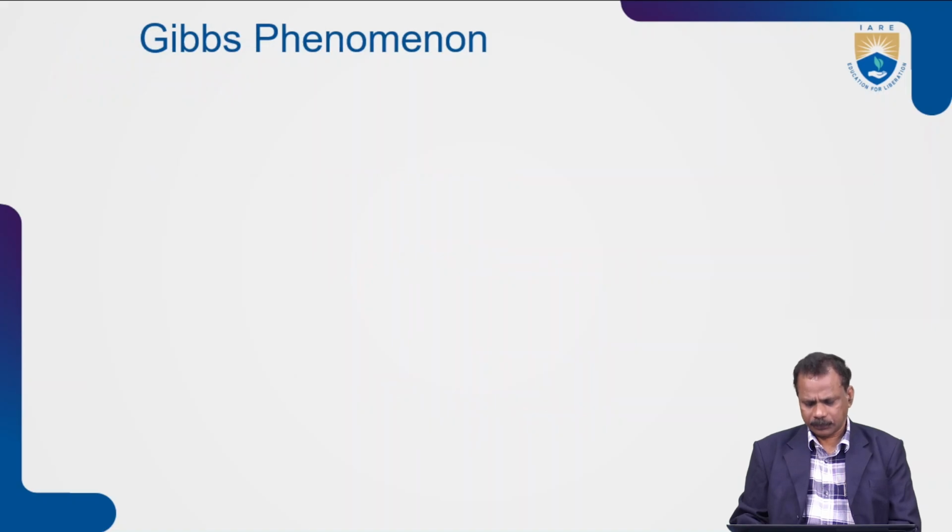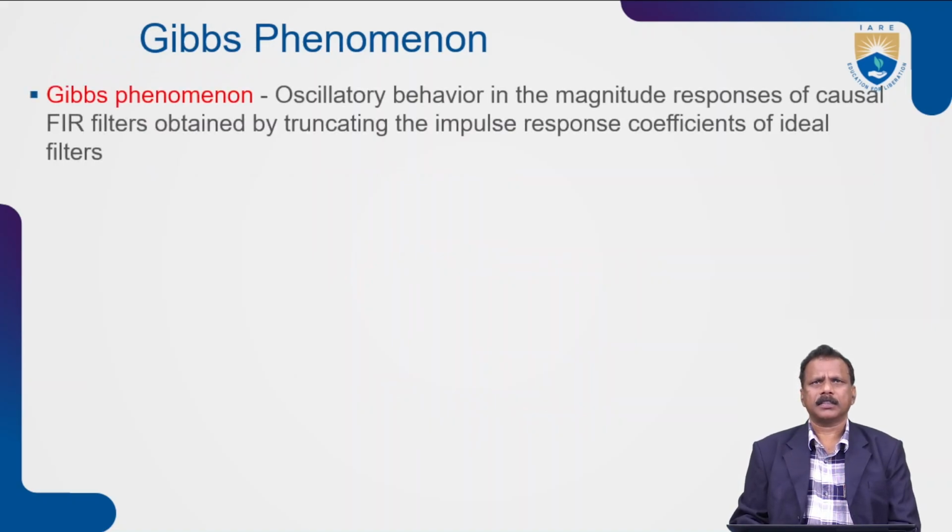Now you have to remember the Gibbs phenomenon. This particular phenomenon is the oscillatory behavior in the magnitude response of the causal FIR filter, obtained by truncating the impulse response coefficients of the ideal filter.